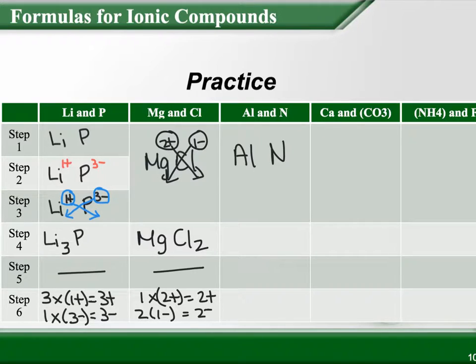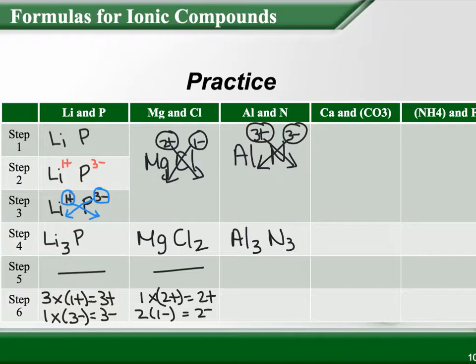Our third example, aluminum and nitrogen. Step 1, write out the elements. Step 2, add charges. Step 3, crisscross or exchange numbers. Step 4, rewrite the formula with the new numbers. Again, we got those from the other element involved.